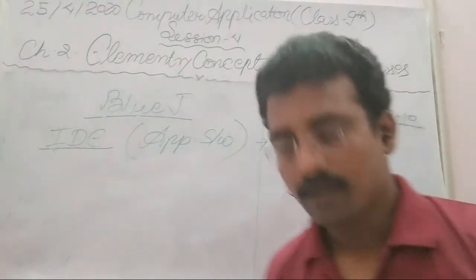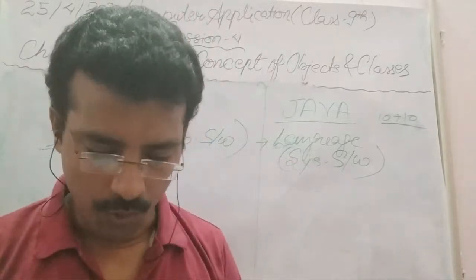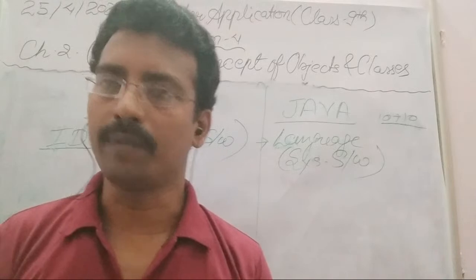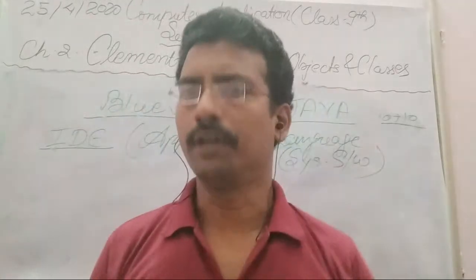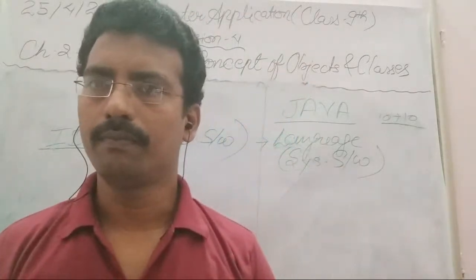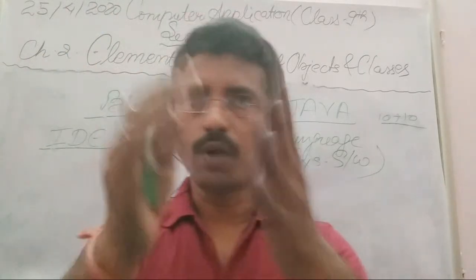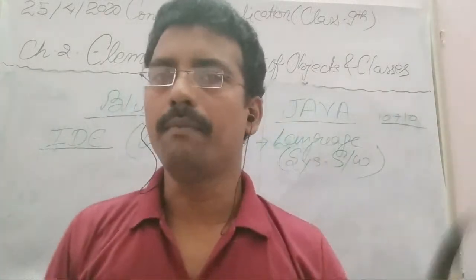Next, when you start BlueJ, I'm not going to explain picture-wise how the BlueJ screen will come in front of you. You all have worked in 8th class. You have executed Java programs. Say yes. Yes, you have done it. So you know the steps, only count the steps that I am telling.